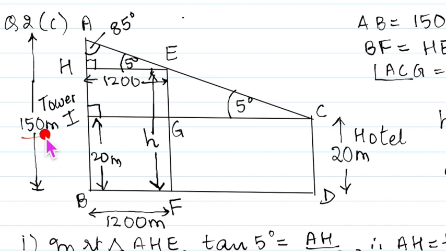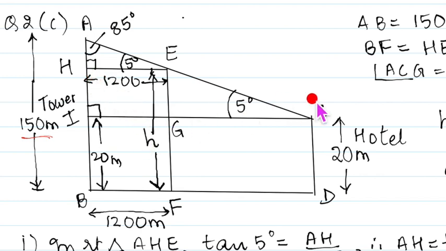It is 150 meter high, and then we have the hotel, which is 20 meter tall, and the tips of these are in a straight line, and the angle of elevation from the hotel to the top of the tower is 5 degrees. And this building from the tower is 1.2 kilometers, means 1200 meters. So I have just drawn this basic structure, and then I have just completed the rectangles here.